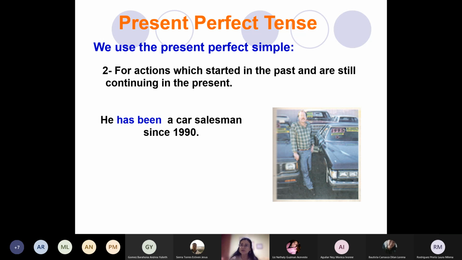He sido profesora de inglés, ya llevo 15 años. Es una acción que yo empecé hace 15 años, pero ¿qué pasa hoy en el presente? Sigo haciendo lo mismo, ejerciendo mi misma profesión. Entonces, ¿cómo hago para decir eso? Yo he sido profesora por tanto tiempo, con el presente perfecto.